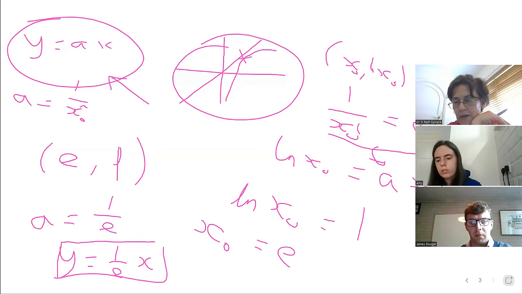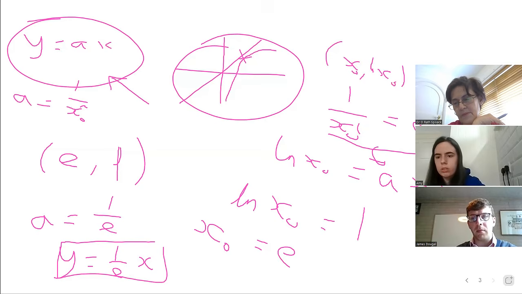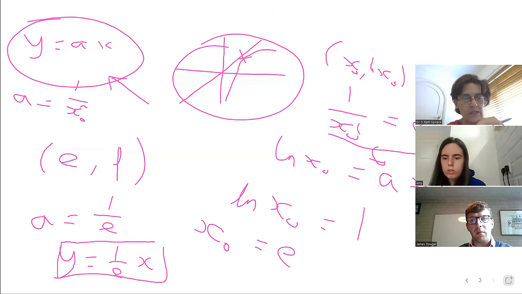Yes, we need the tangent of ax squared to be the same as the natural log of x. So the derivative is not just going to be a, it's going to be 2ax instead. Yes, of course. But otherwise, the strategy is the same.